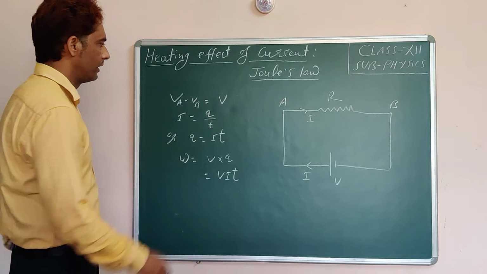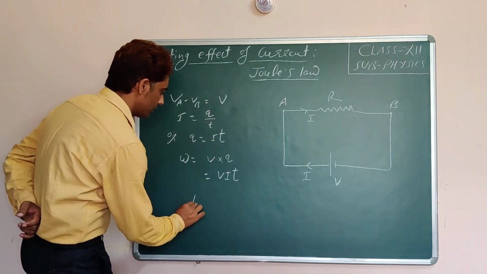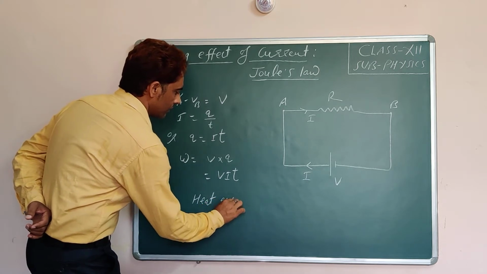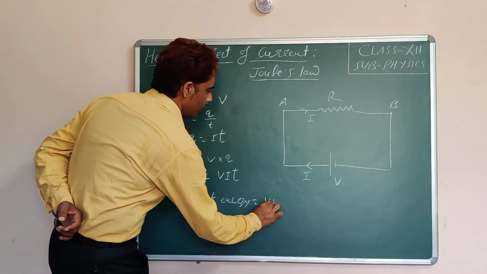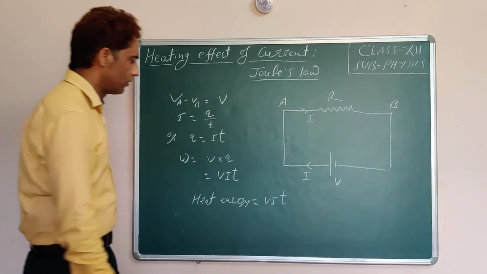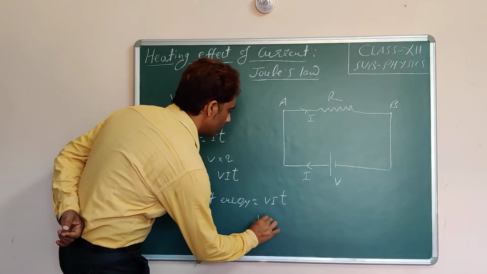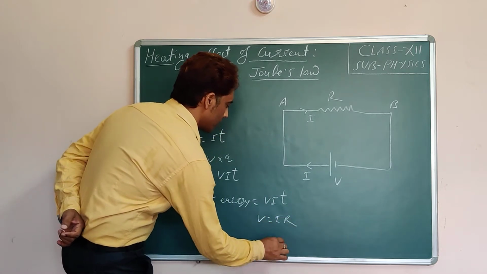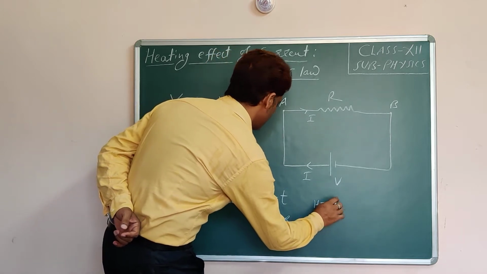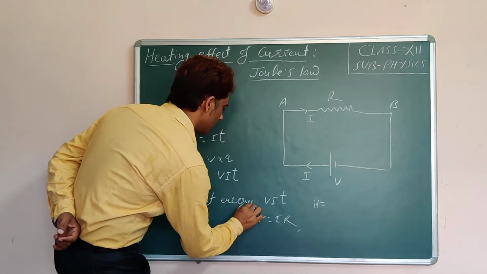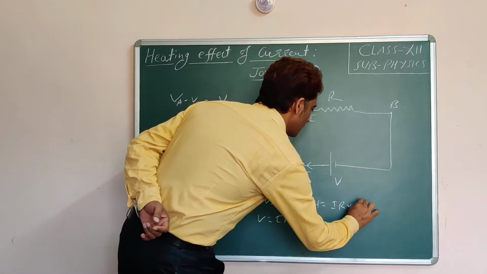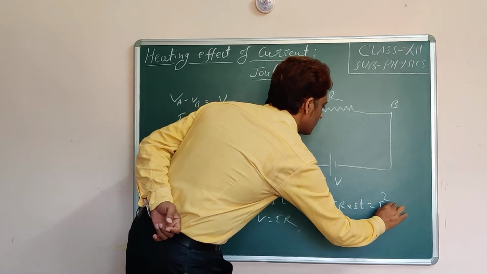So we can write the heat energy produced in the conductor is equal to VIT. Also, by Ohm's law, V is equal to IR. So we can write this heat energy as H is equal to IR into IT, that is equal to I square RT.